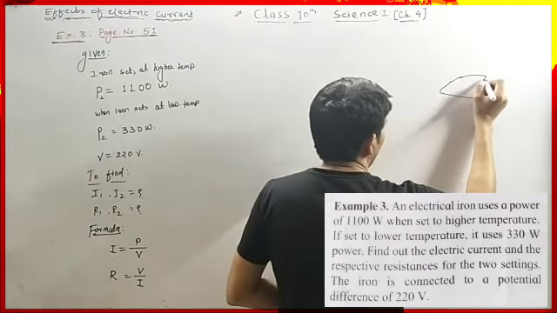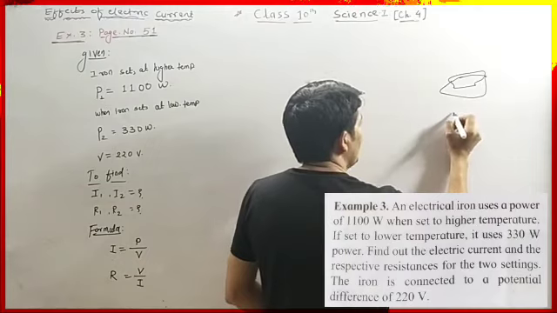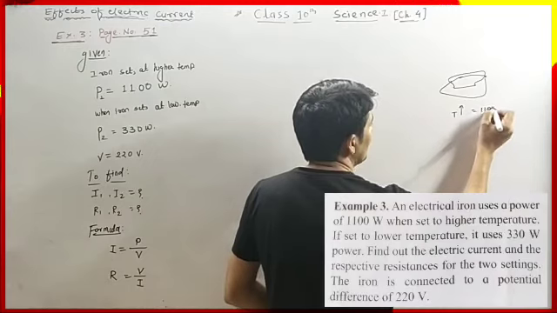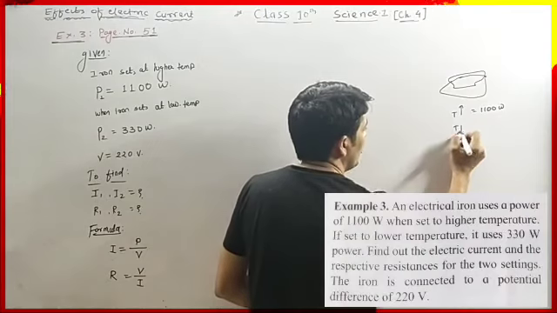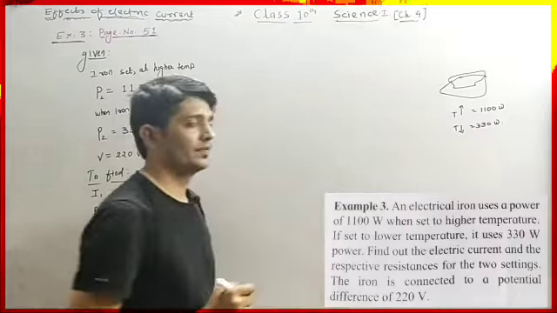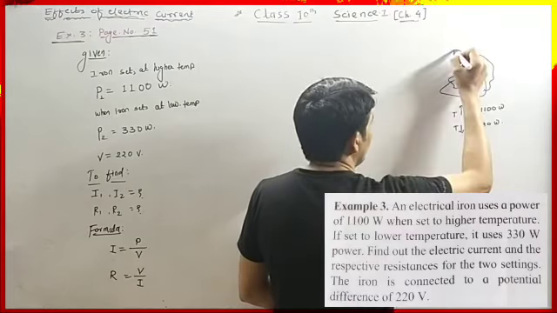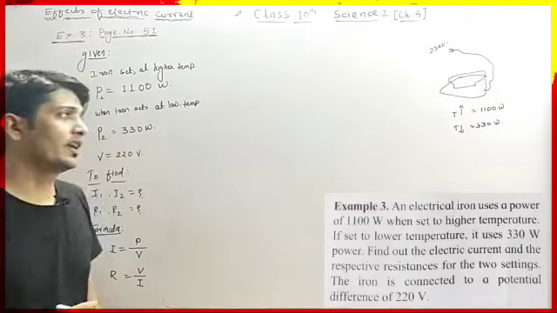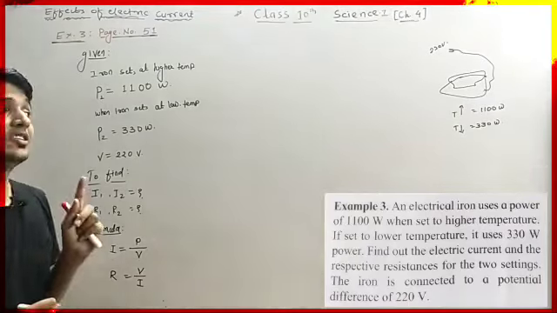When it is set at higher temperature, it uses power of 1100 watt, but when it is set at lower temperature, it uses 330 watt of power. When it is connected with a 220 volt potential difference, at that time we have to calculate both the current as well as the resistance for both cases.